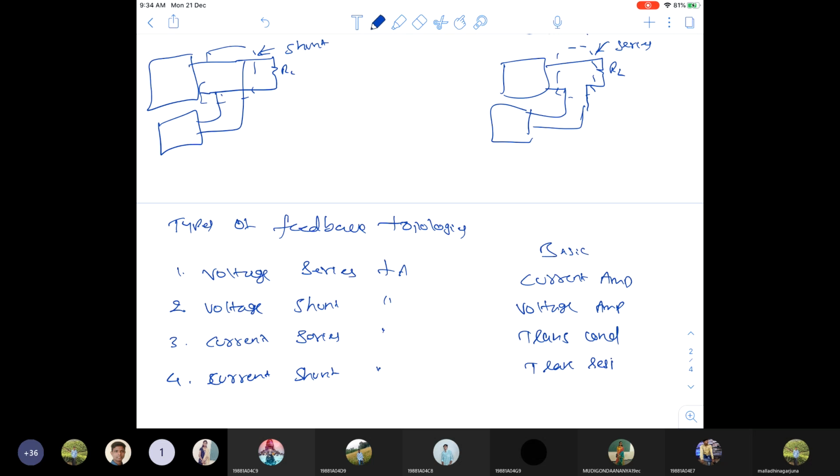Now tell me which one will match for the voltage series feedback amplifier, which we have to connect. And remember, in these topologies the first term is the sampling output, and the second term indicates the mixer input.